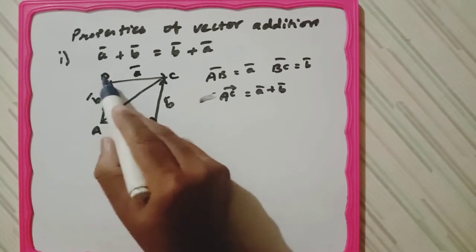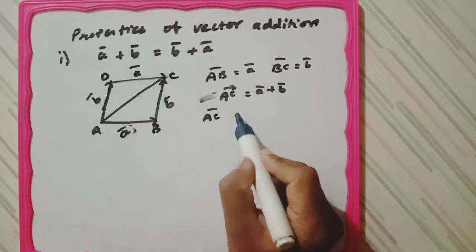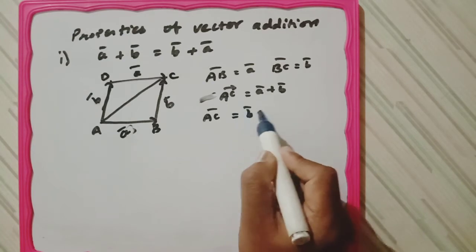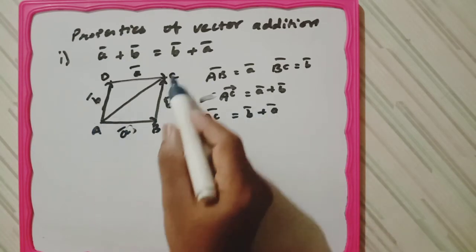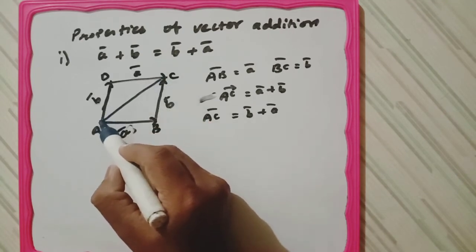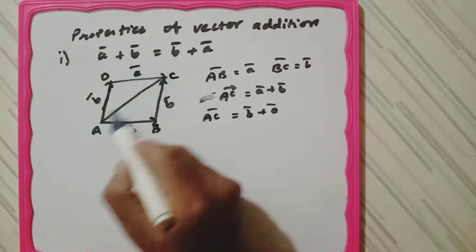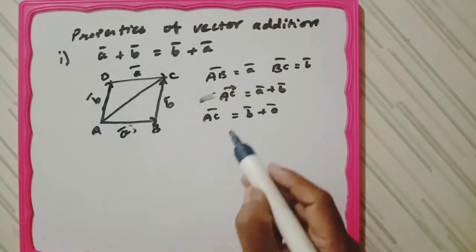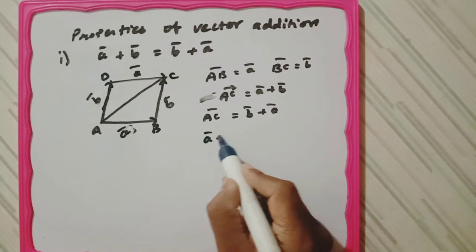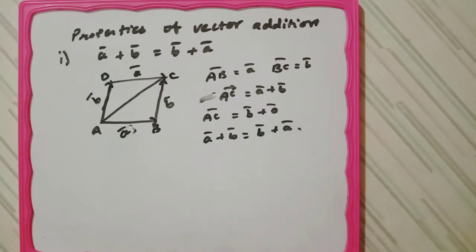So for triangle ADC we can write AC equals B bar plus A bar. For triangle ABC it will be A bar plus B bar equals AC, and for triangle ADC it will be B bar plus A bar. Both represent vector AC, and so we can say that A bar plus B bar equals B bar plus A bar.